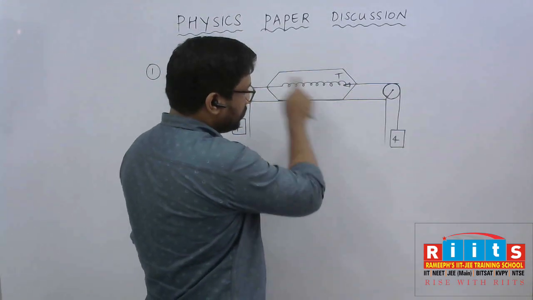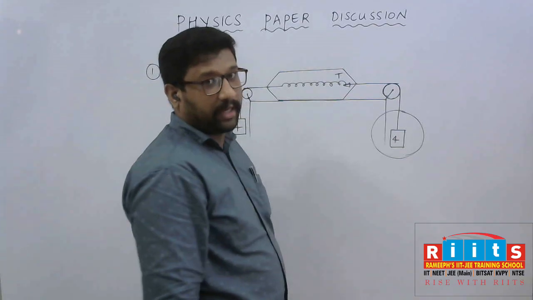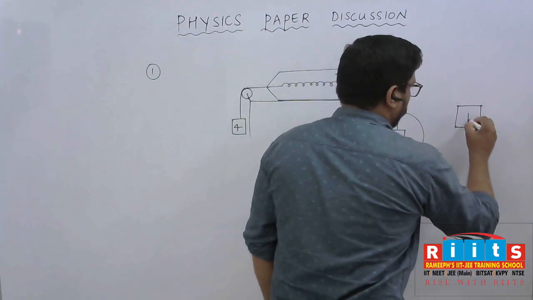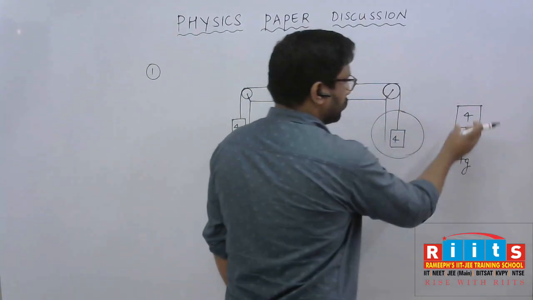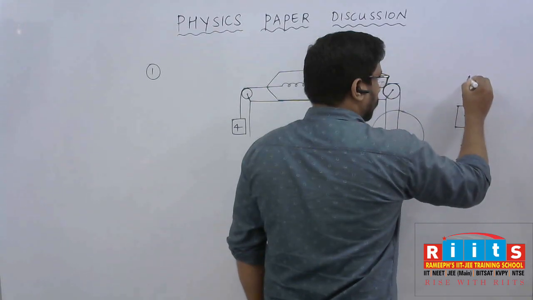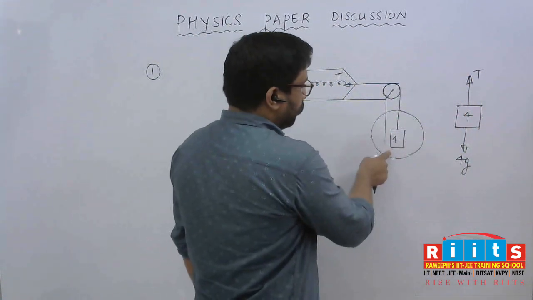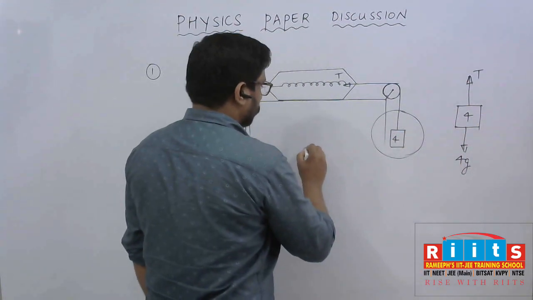For finding out this tension value, you can look at the free body diagram of the 4 kg mass. There are two forces on it. One is 4g because of gravity, and away from the body tension is acting. The body is at equilibrium, so T and 4g are balancing.